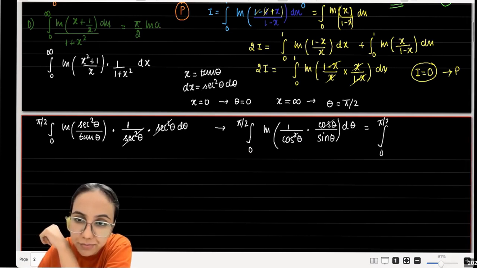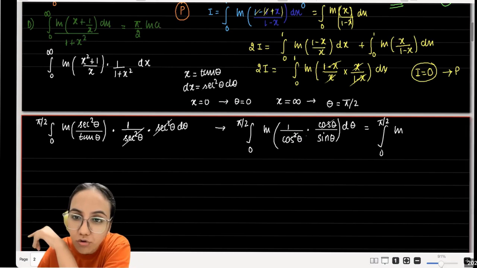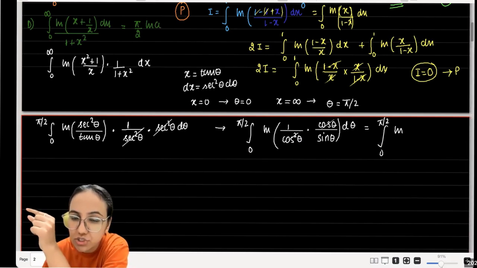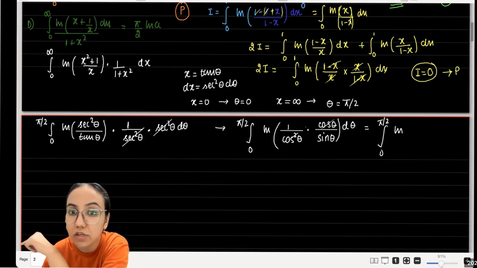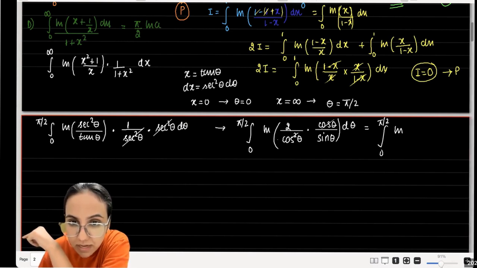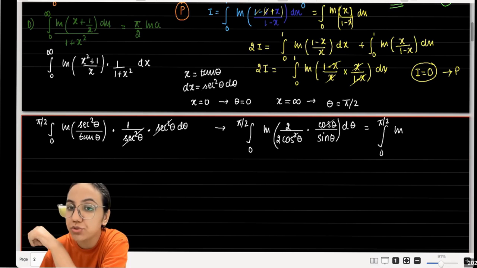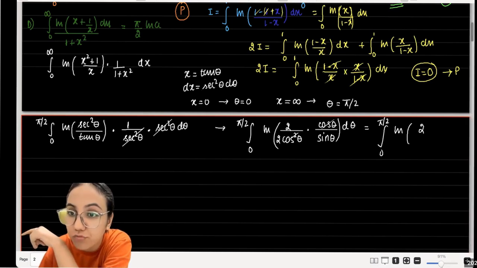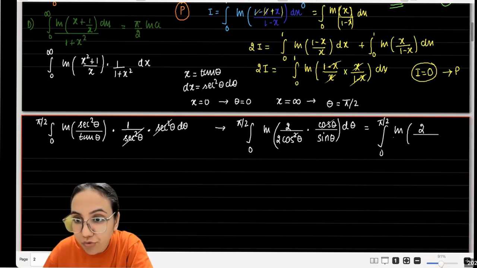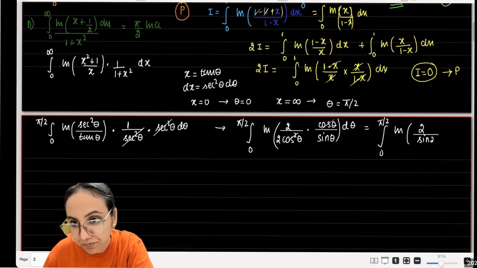And you're going to get the integral from 0 to pi by 2 of ln of, now see, in the numerator it's just 1, and the denominator is sine theta cos theta. So I'm multiplying this by 2 and 2 so that it turns out to be ln of 2 over 2 sine theta cos theta, which is sine 2 theta. Hope that makes sense. d theta.